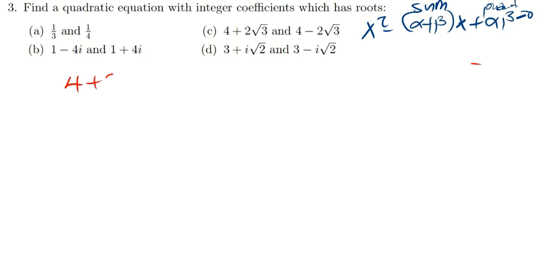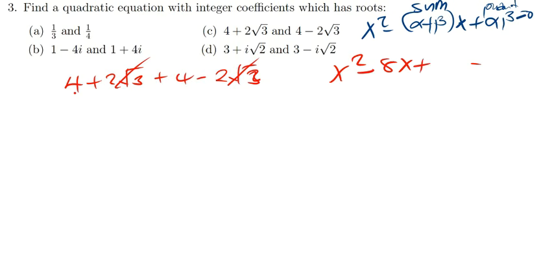So 4 plus 2 root 3 plus 4 minus 2 root 3. This and this will be 0, so I have 4 plus 4, that is 8. The sum is now 8, x plus now the product.